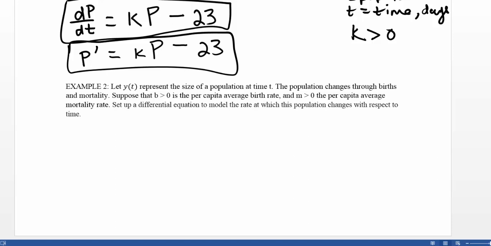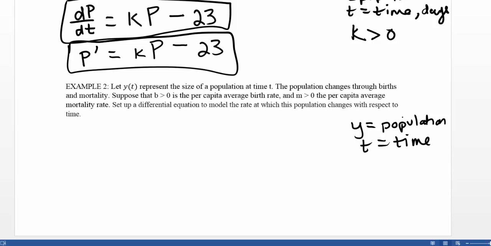So here, we don't get to pick our variables because we have this y of t. So y of t tells me that y is my dependent variable that's going to represent the population, and t is going to be time.